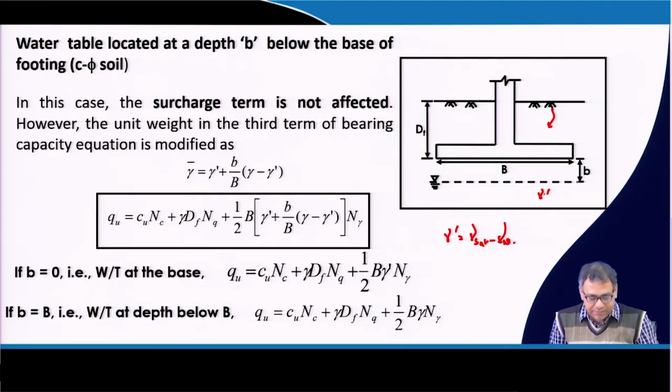Now, if the water table position is below at a distance of B from the base of the foundation, there is no effect of the water table. For example, if this small b is equal to capital B, that means the width of the foundation, then for q_u there is no water table effect. So, we have to consider the water table effect only if the water table position is within the width of the foundation from the base of the footing.